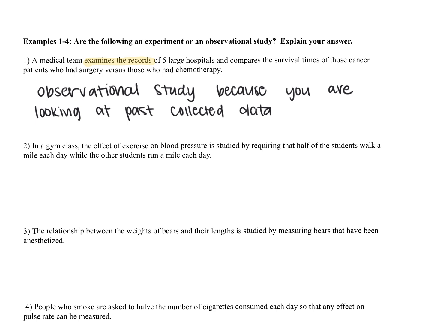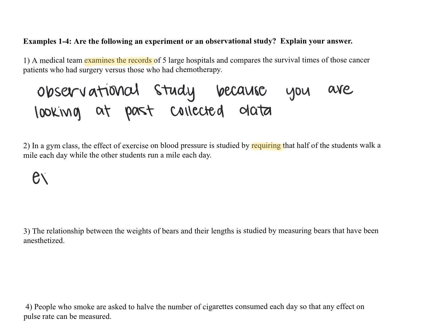Next, we have in gym class, the effect of exercise on blood pressure is studied by requiring that half of the students walk a mile each day while the other students run a mile each day. So the key term here is requiring.